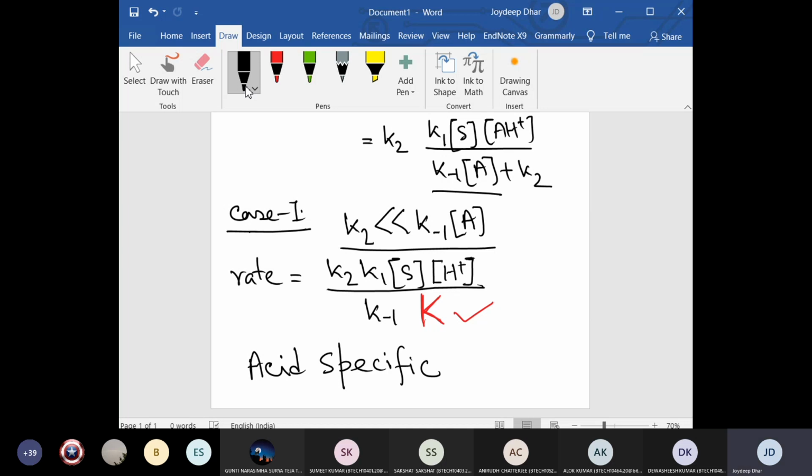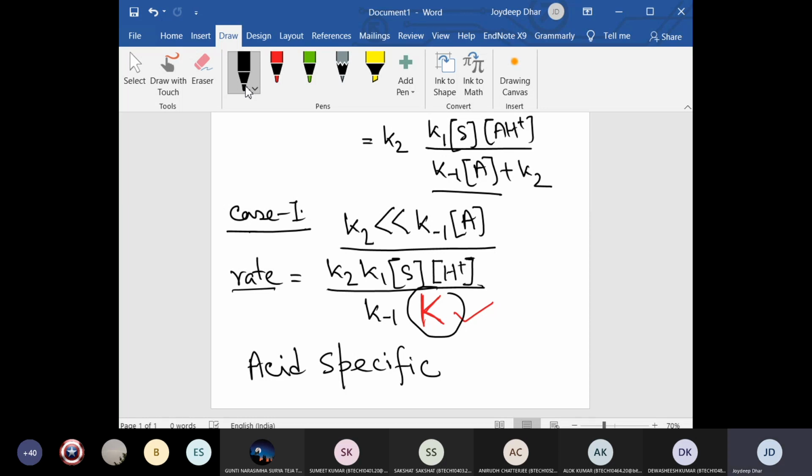So in this case, higher is the K, rate will be slow. Okay, so in the rate equation you can see that the equilibrium constant of that particular acid is involved. So now this is becoming acid specific.